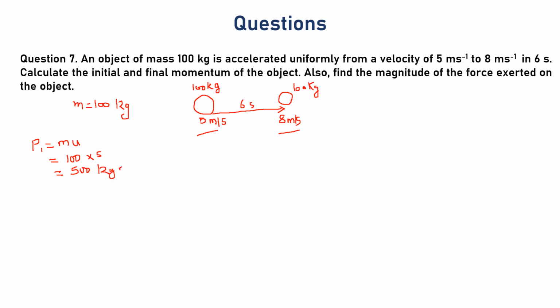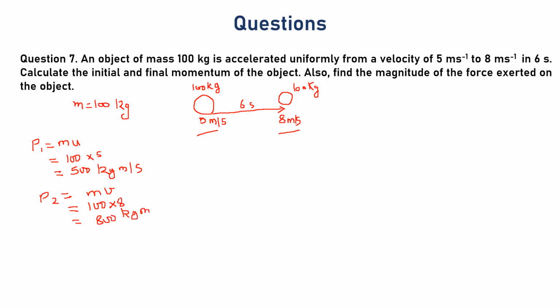Fine. Now P2 is m into v, m is 100, isn't it? And v is 8, so we are getting P2 as 800 kg meter per second, right?